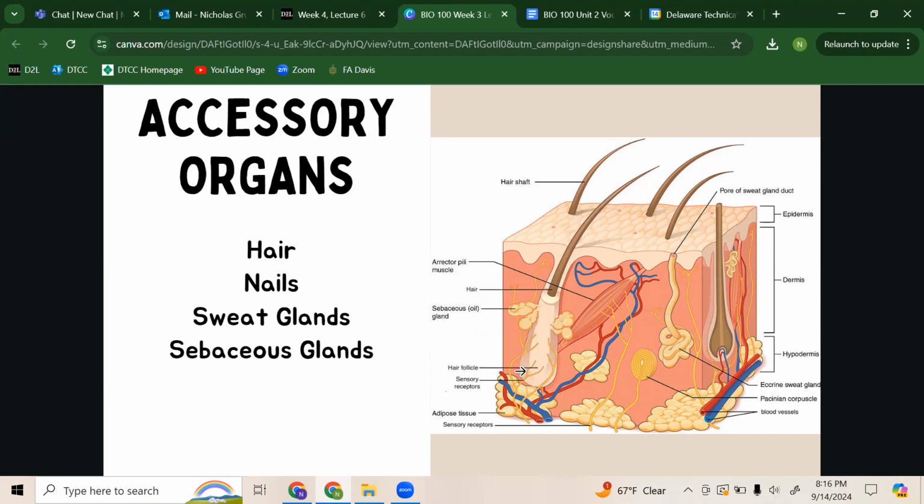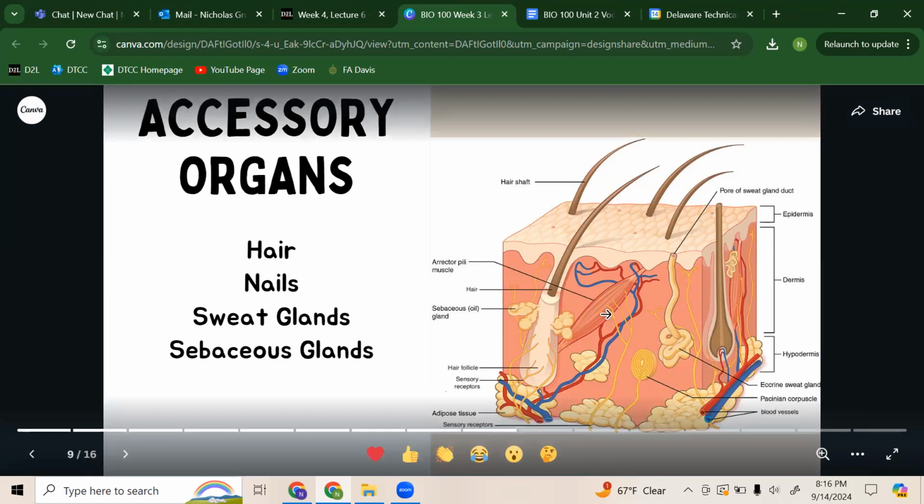The hair follicle is this covering or divot that the hair itself can sit in within the dermis. If I were to peel open this follicle, you'll see at the bottom of the hair is called the hair bulb. It's getting its nutrients from the blood supply underneath it.